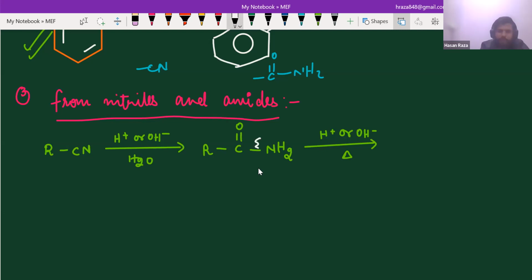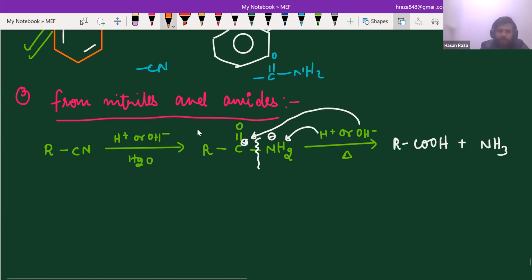This negative will come to this positive and form RCOOH, and this will go with this and NH3 will form. In this way, we prepare carboxylic acid from nitriles. And when preparing carboxylic acid from amide, you just need to do hydrolysis in the presence of acid or base.